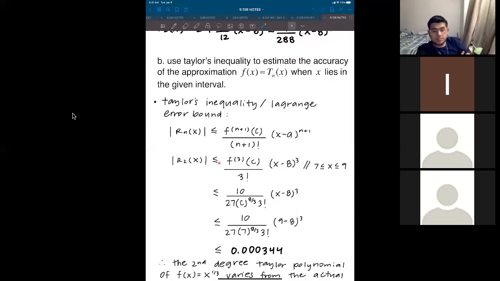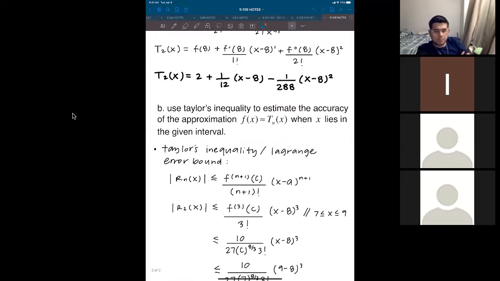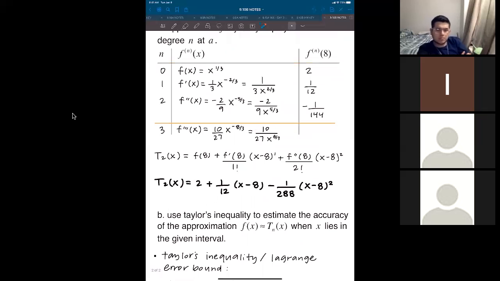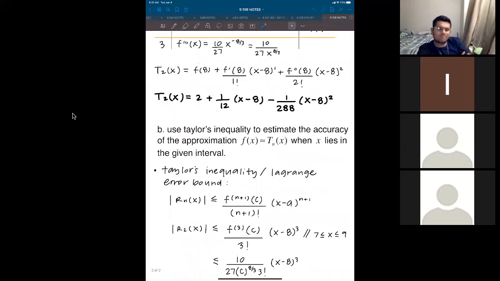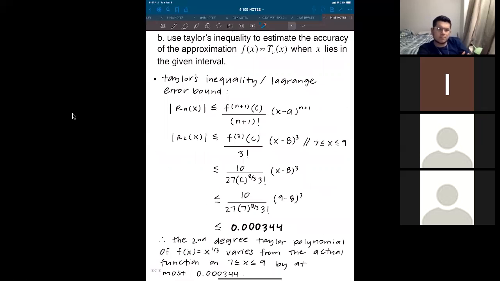This is the 3rd derivative divided by 3 factorial, and then x minus 8, because it's centered at 8, and then it's cubed. This derivative, we found that here. We didn't plug in 8 for it. We just left it, and that's what you plug in. So 10 over 27 c to the 8/3, and then drop down the 3 factorial. I'm always guilty of forgetting the factorial.